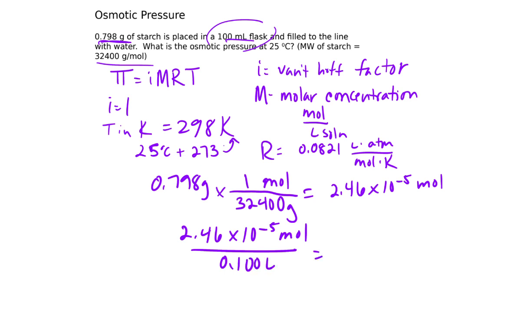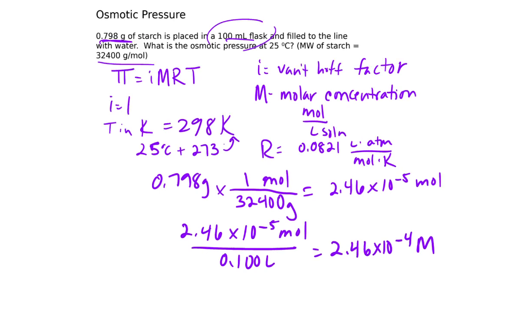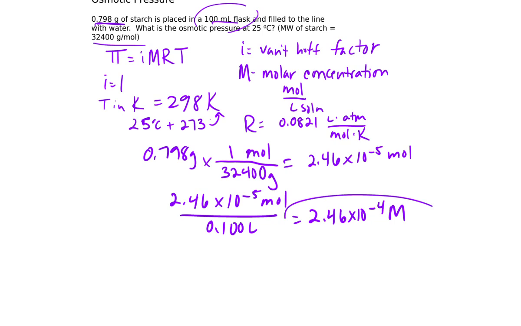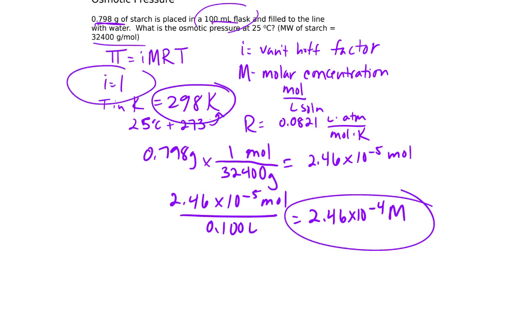And we end up with 2.46 times 10 to the minus 4 for our molarity. Everyone agree? Okay. So then we can plug this value, our temperature, i, and our gas constant R into our equation for the osmotic pressure.